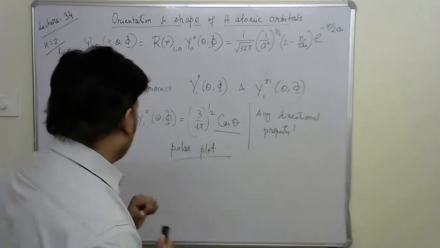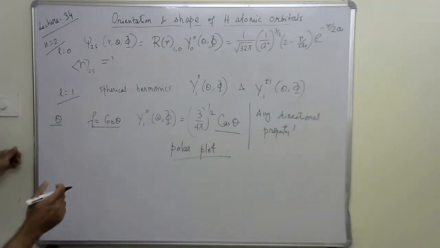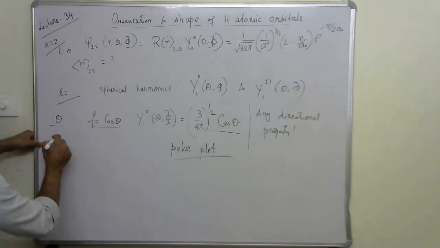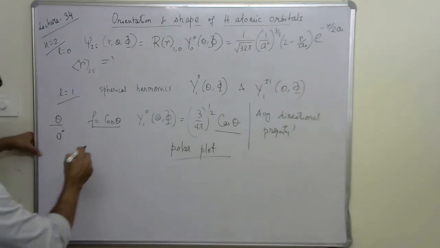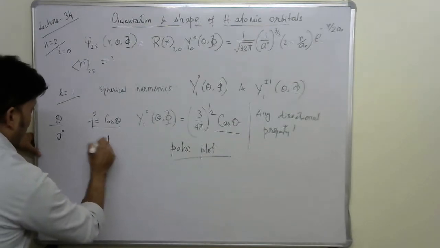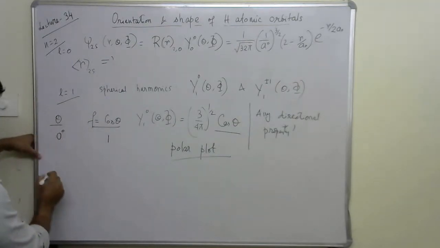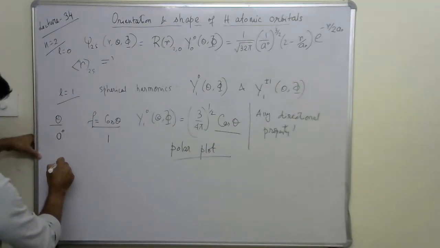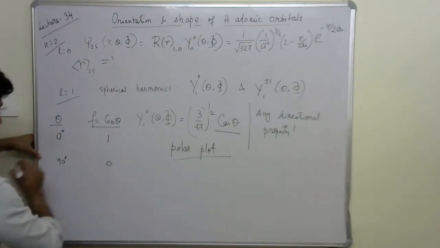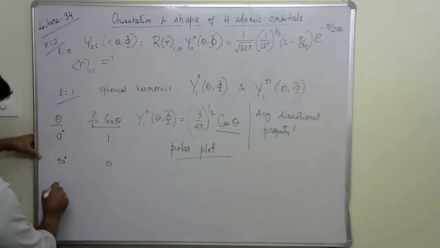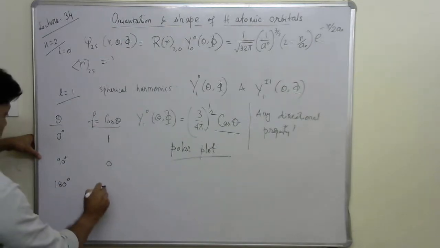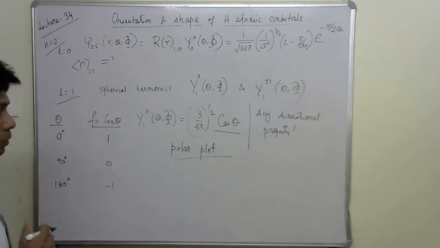But before that, I want to draw your attention that when theta is 0 degrees, cos theta becomes 1, when theta is equal to 90 degrees, cos theta becomes 0, and when theta is 180 degrees, cos theta becomes -1.